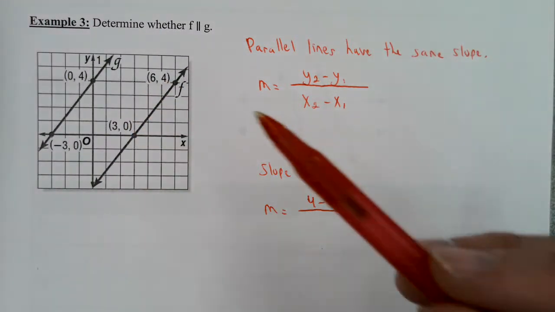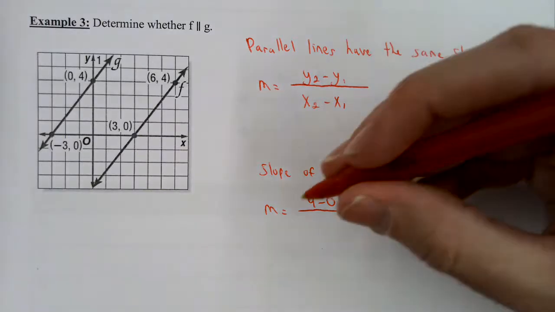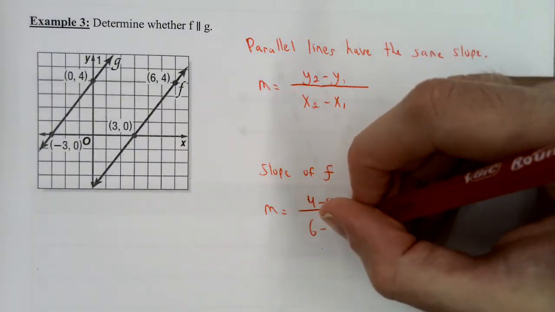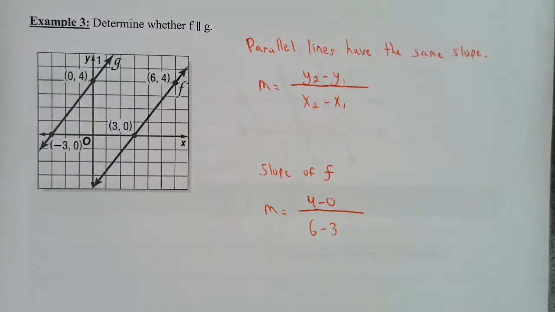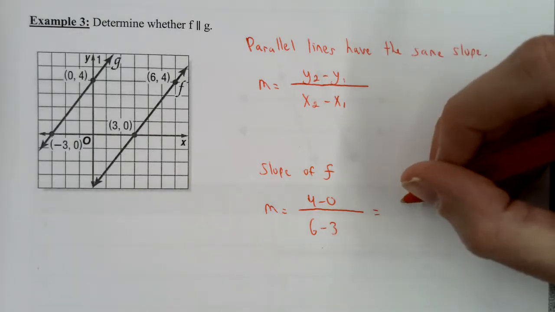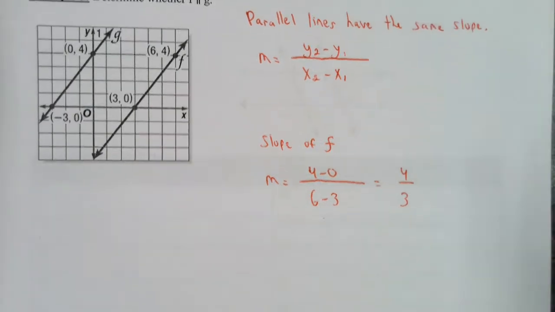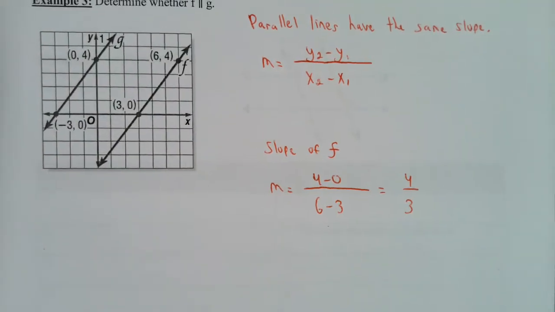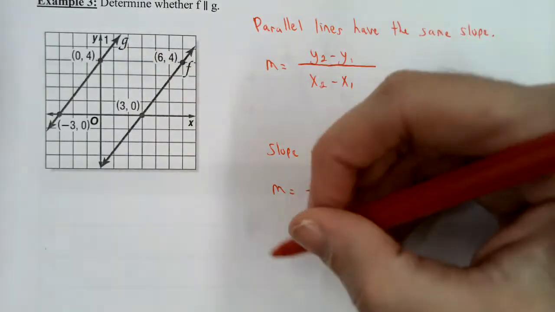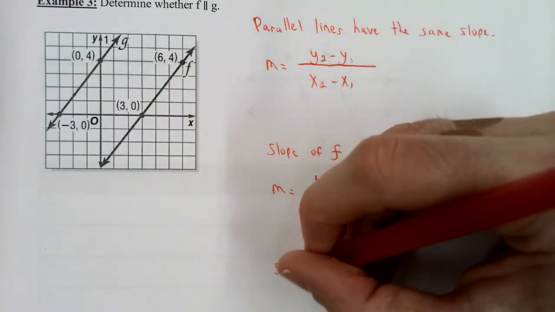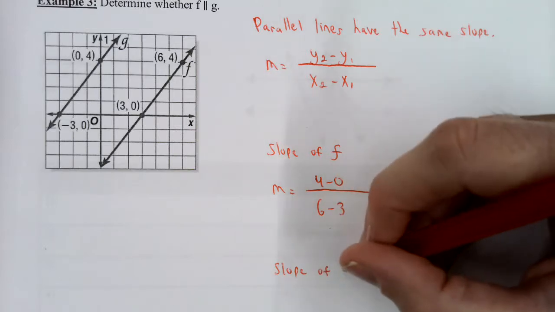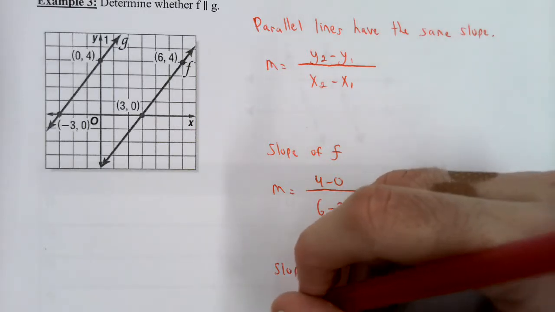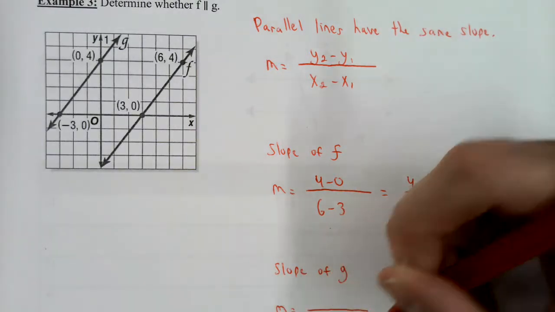Subtract the y's, divide by, subtract the x's, 6 minus 3. So when you simplify that, you get 4/3. And now let's do the slope of line G, and let's see what we get. If the slopes are the same, the answer is yes. If the slopes are different, the answer is no.